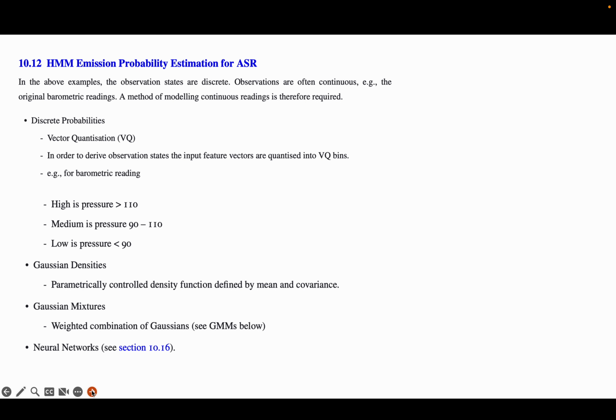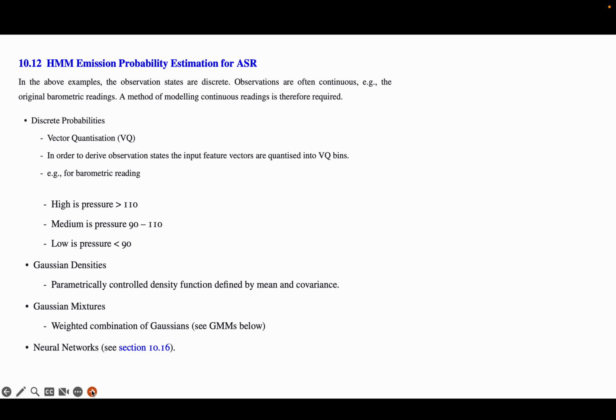So the hidden Markov model emission probability estimation. In the above examples, the observation states are discrete, but observations are often continuous, and so you have to figure out how you're going to model continuous readings. One thing in discrete probabilities is to use vector quantization. In order to derive observation states, the input feature vectors are quantized into bins.